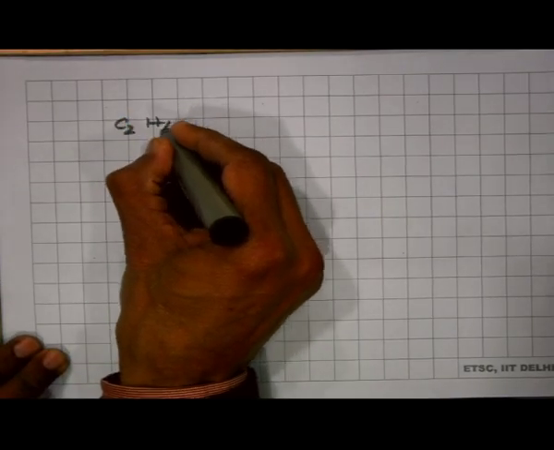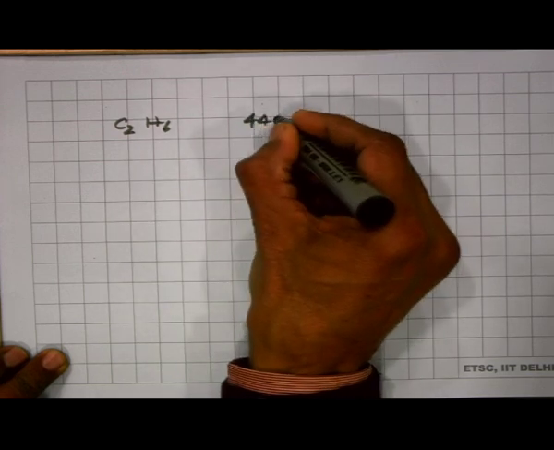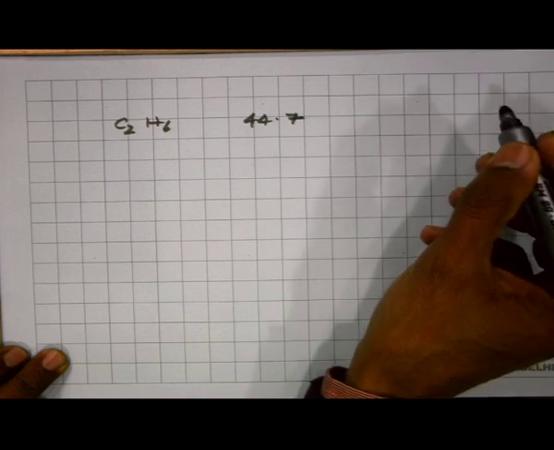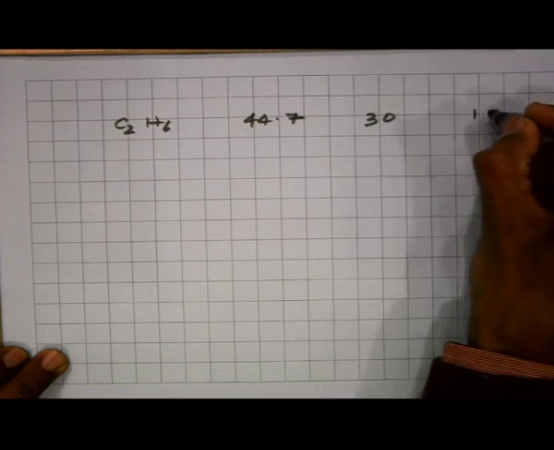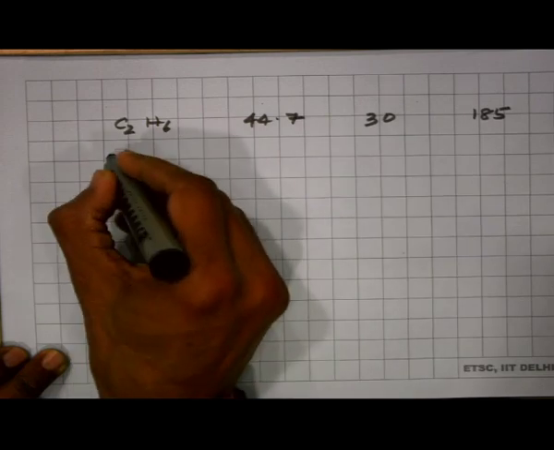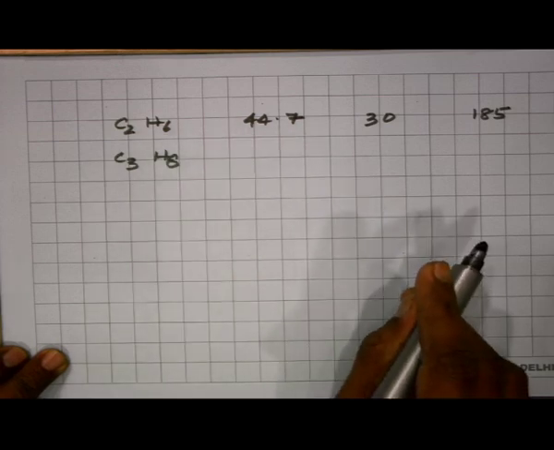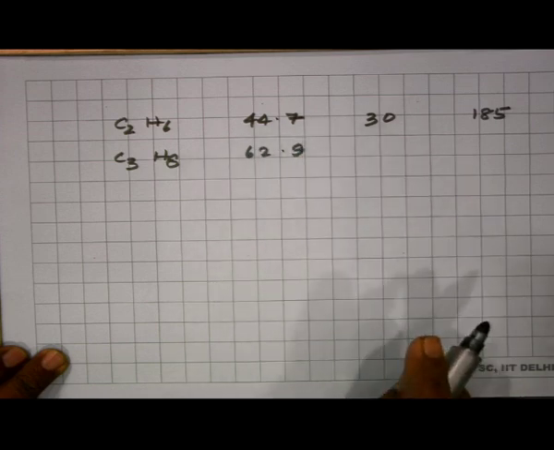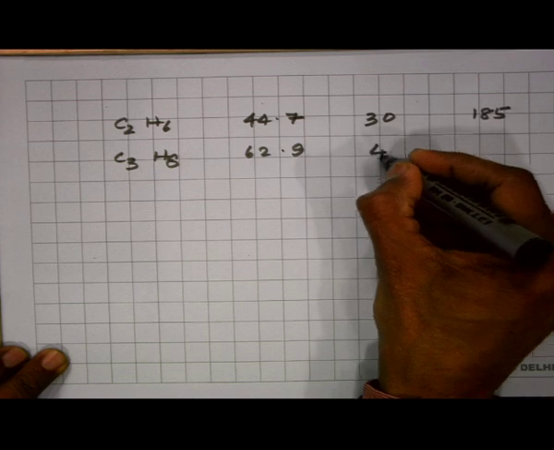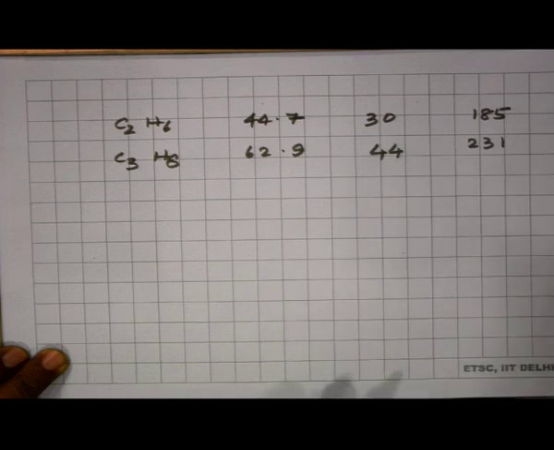C2H6, the same things, polarizability in centimeter cube 44.7, molar mass 30 and boiling point 185. Propane, which is the next higher homologous hydrocarbon, has a polarizability of 62.9, molar mass about 44 and 231 is its boiling point.